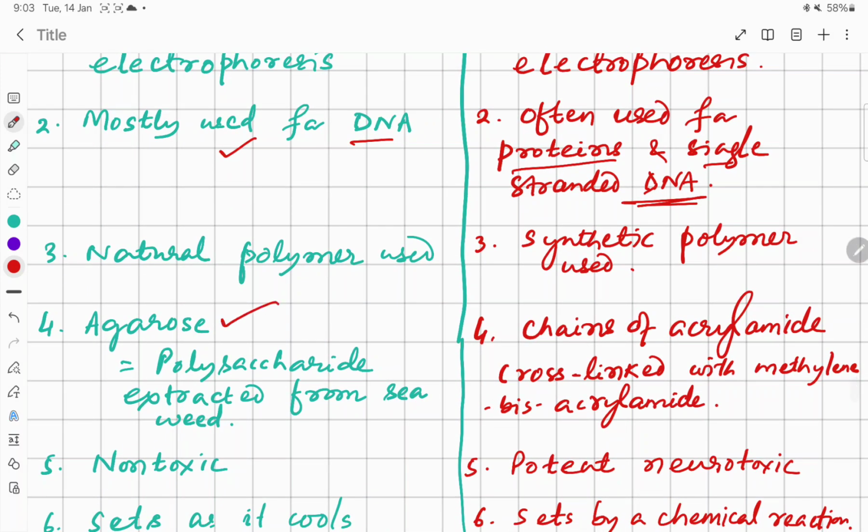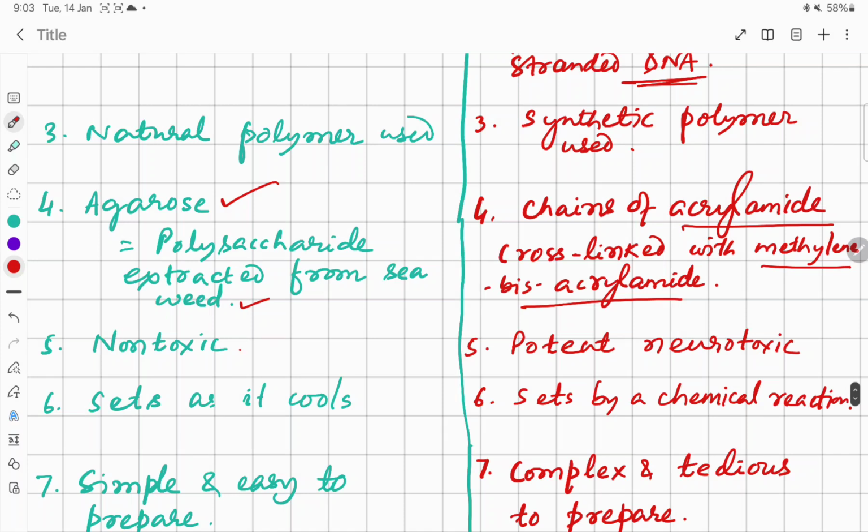That is agarose, because it is a polysaccharide extracted from seaweed. So it is a natural polymer, and we use a synthetic polymer in case of PAGE. What is the synthetic polymer? This is polyacrylamide, or chains of acrylamide cross-linked with methylene bisacrylamide.